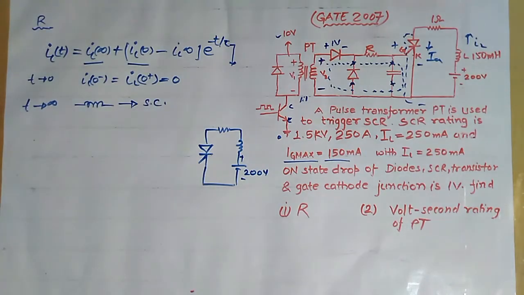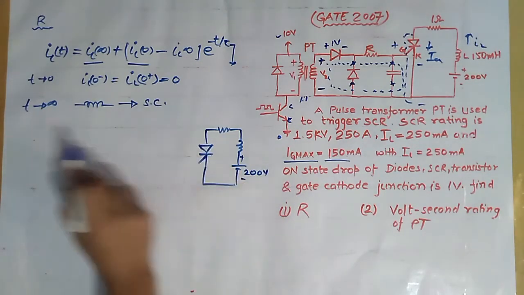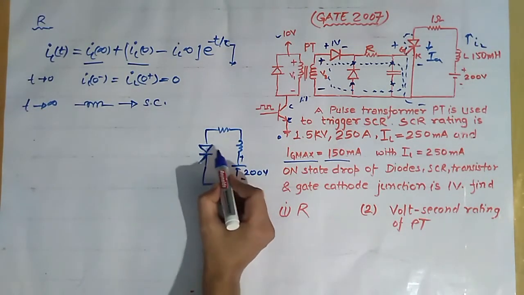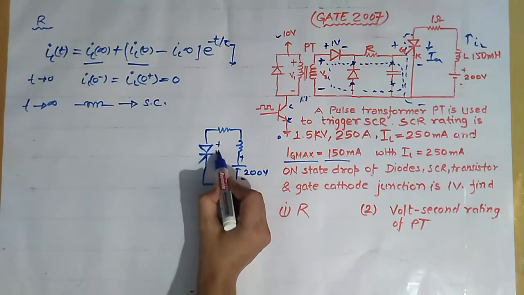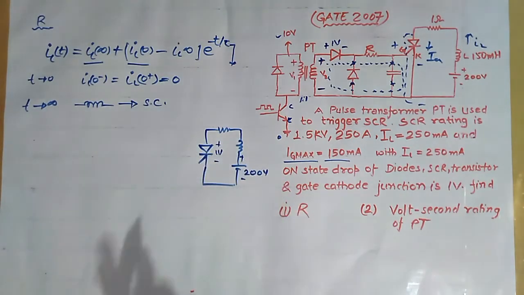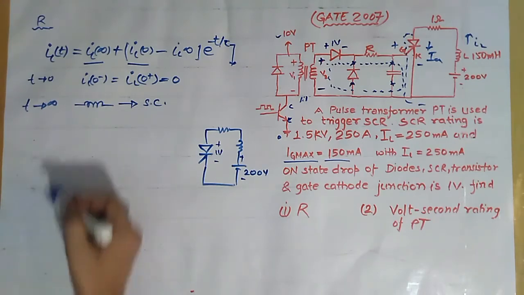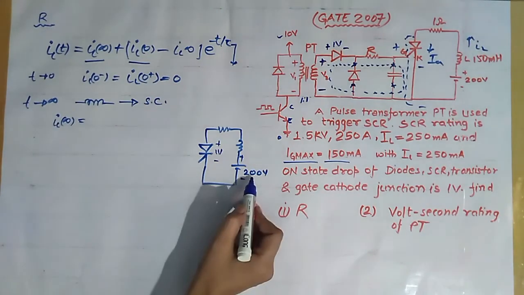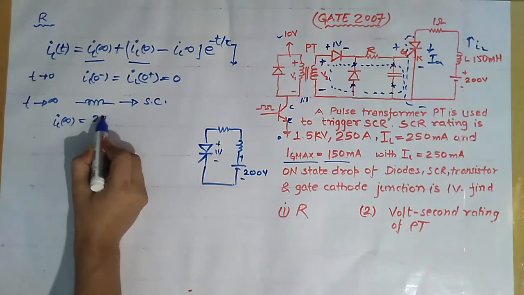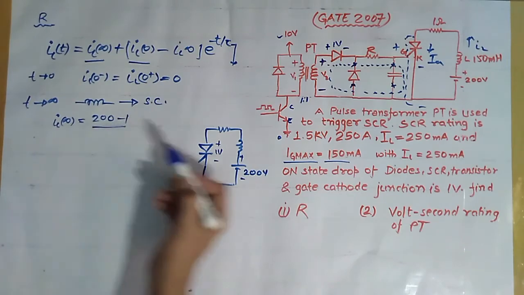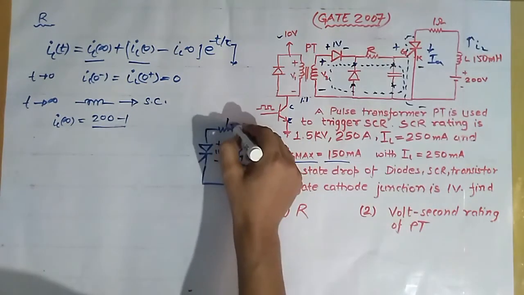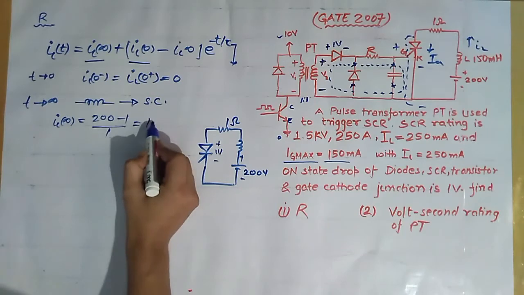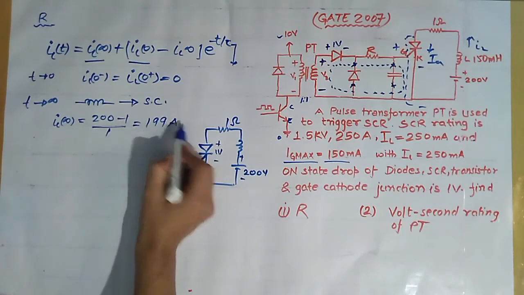When the inductor gets short circuited and the thyristor is turned on, the drop across the thyristor is 1 volt. So we will simply apply KVL in this loop to find the value of IL infinity. So IL infinity is simply given by 200 minus 1 upon the resistance, that is 1 ohm, which equals 199 ampere.